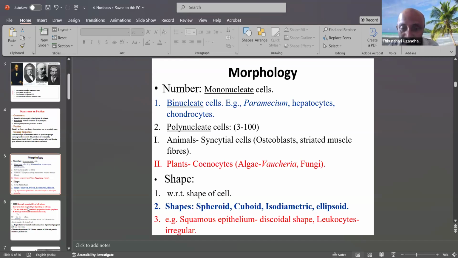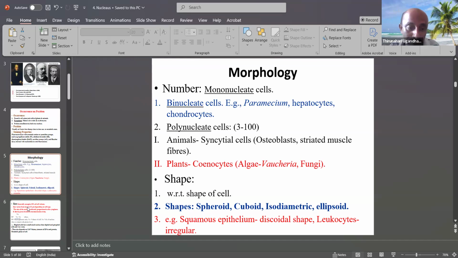In plants, coenocytes, which are multinucleated cells, are found in algae like Vaucheria, and in fungi such as Rhizopus and Mucor. Xanthophyceae members have more than one nucleus, multinucleated, also called coenocytic cells. In fungi like Rhizopus and Mucor, up to 8 nuclei are present.